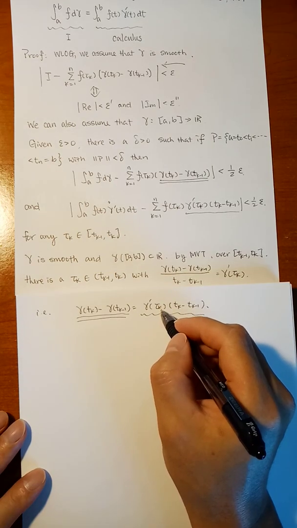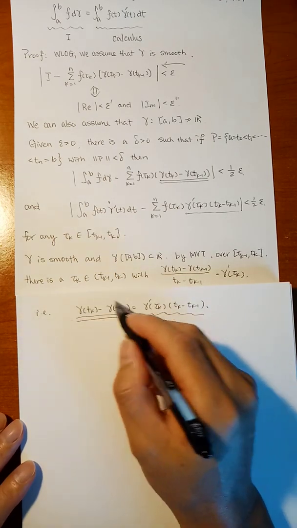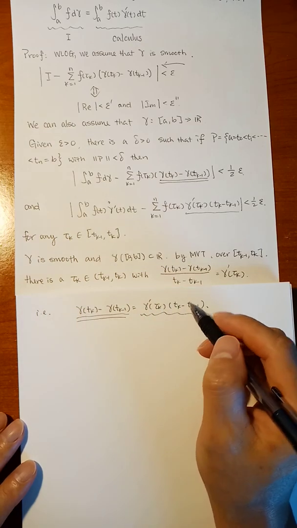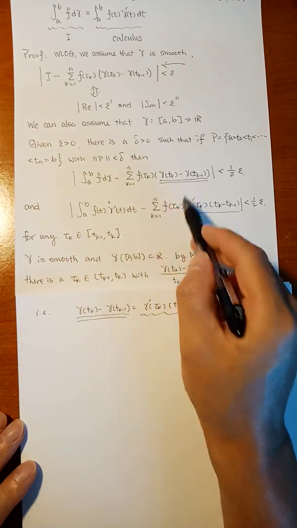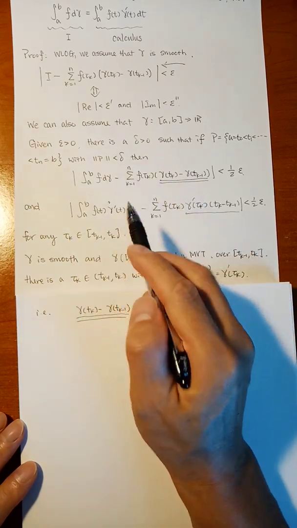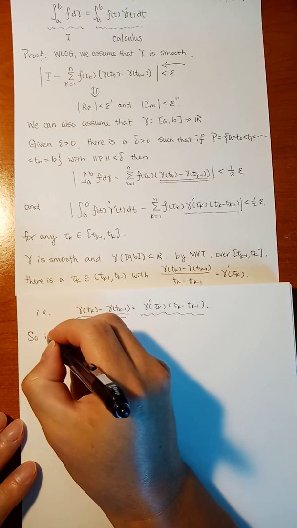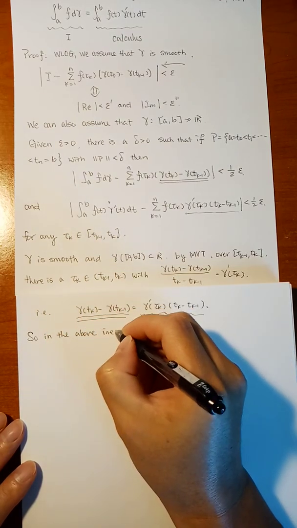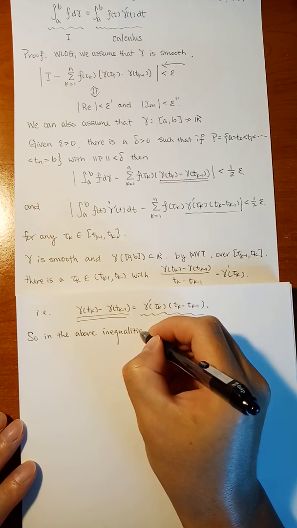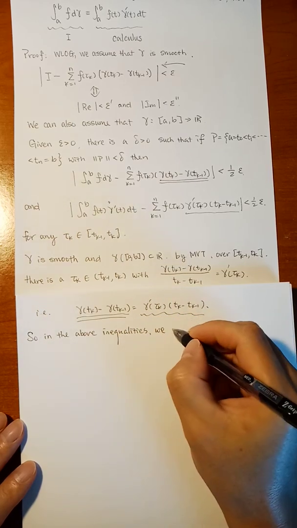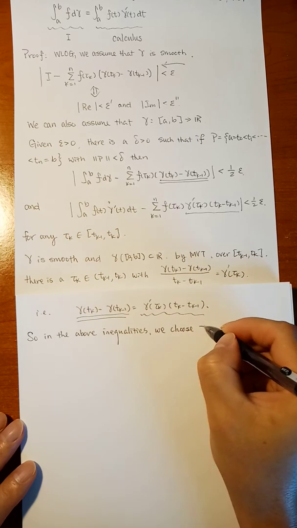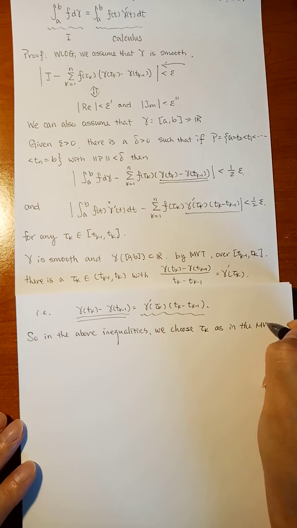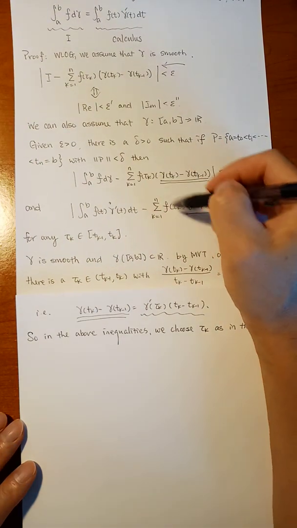That is a connection. This connection is built up by the mean value theorem. And this tau_k is not random. It's related to gamma prime and t_{k-1}, t_k. But here, this tau_k can be randomly chosen inside this interval. So in the above inequalities, we choose tau_k as in the MVT. So you have tau_k here, you have tau_k here.